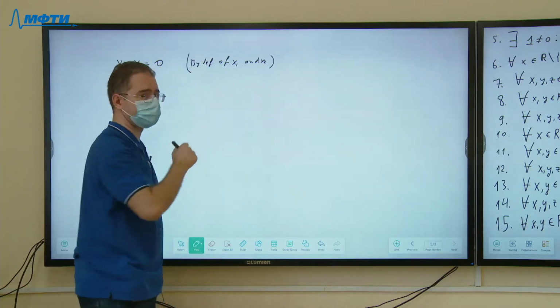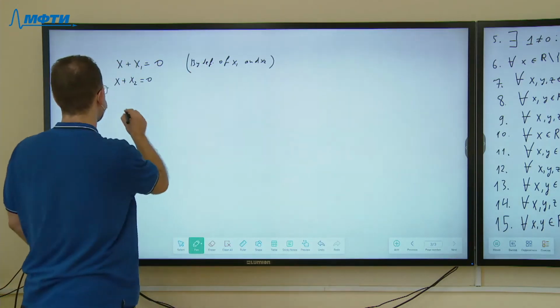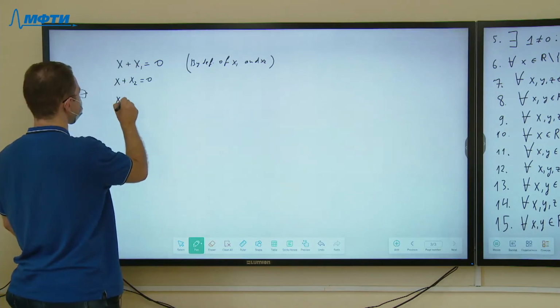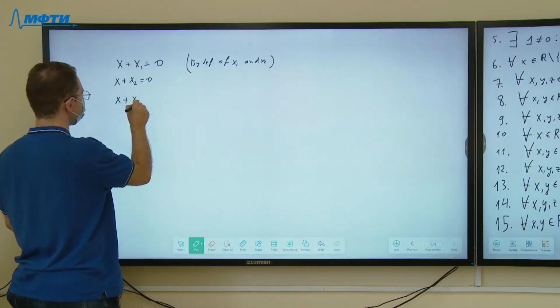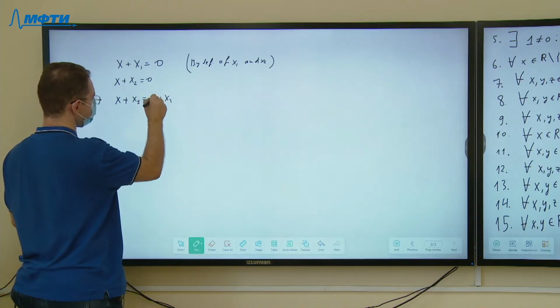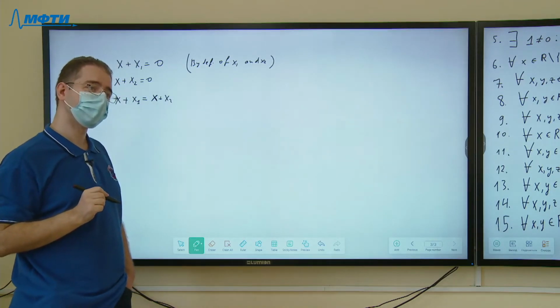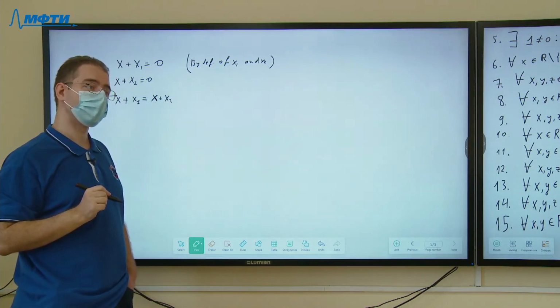Okay, I agree. We can equate them together. x1 equals x plus x2. I agree. The next step, we can subtract x from both sides of the equation.